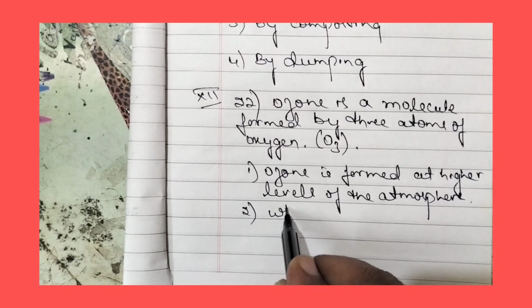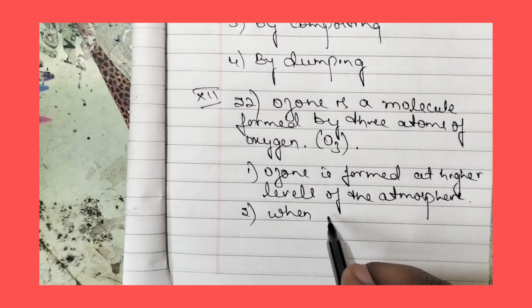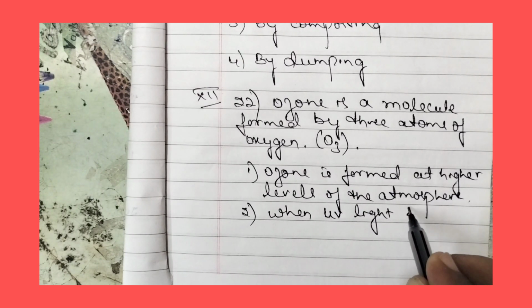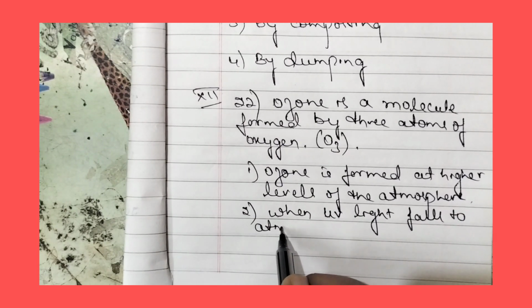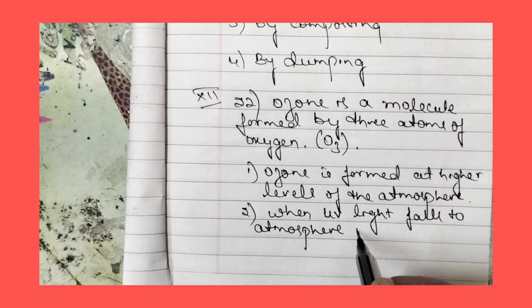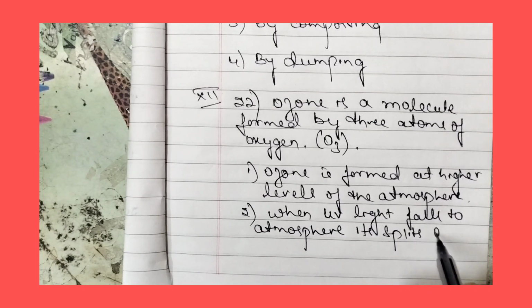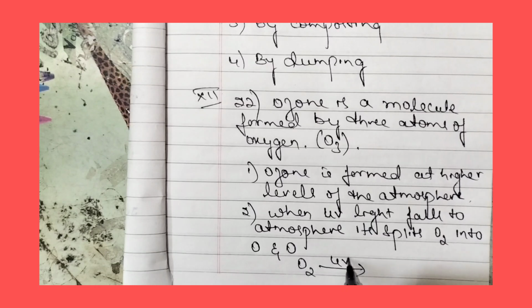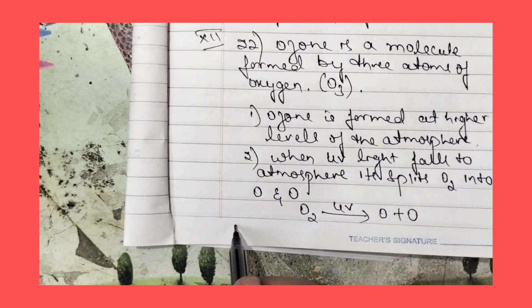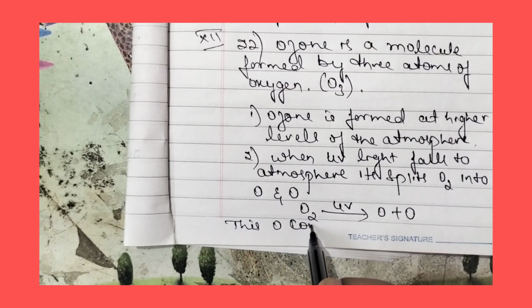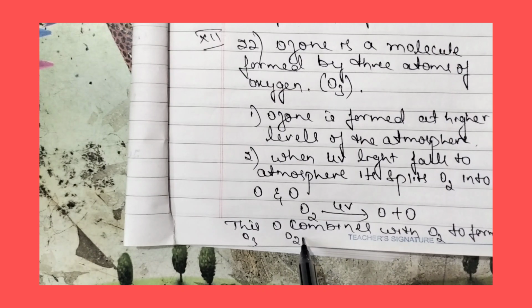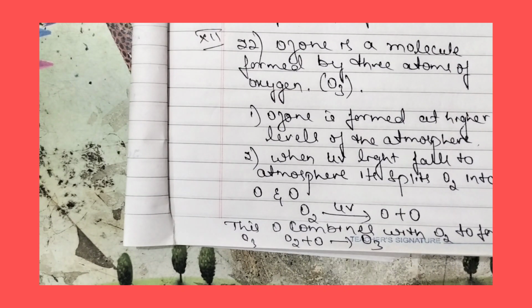When UV light falls on the atmosphere, it splits O2 into O and O. This O combines with O2 to form O3, and that O3 is the ozone layer.